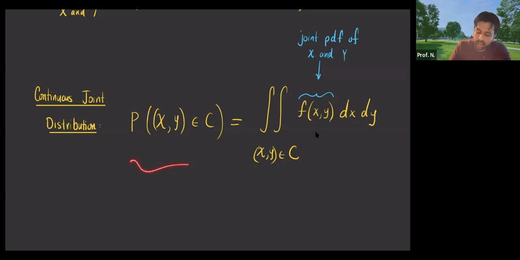So right now, this looks like a lot of notation. But remember, when we talk about continuous random variables and the probabilities of continuous random variables, we speak of area. So that idea is going to come up again. What is C? C is a certain set. Is a specified set.